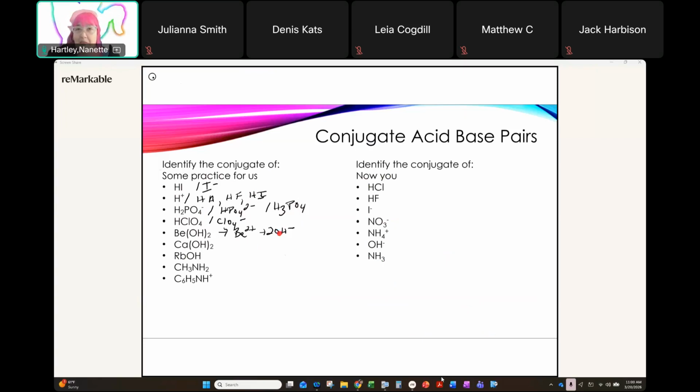So if this is the base that I have, and I want the conjugate of it, I need to add a proton to it. So then it would be my base, the OH minus, pair that I'm looking at. Because all I have is the OH minus, which can only act as a base. I mean, the Be can do stuff, but not in an acid-base sense.